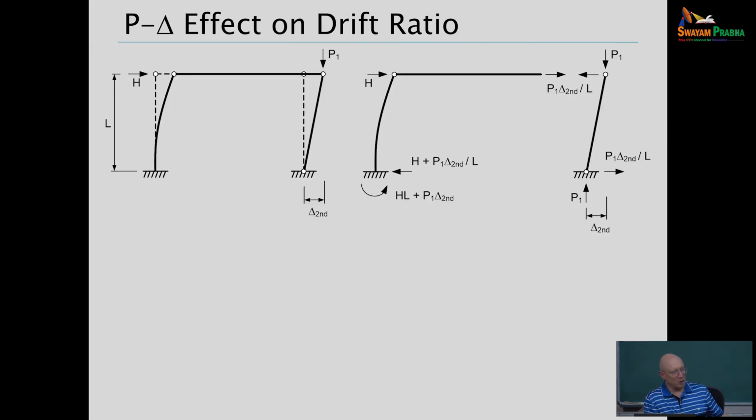It's now HL plus P1 times delta second. Okay, very nice, but we haven't figured out what delta second is yet. And that's the nature of geometric nonlinear analysis, is the delta second depends on the loading, but the second order effects depend on delta second. And so generally we have a nonlinear problem.